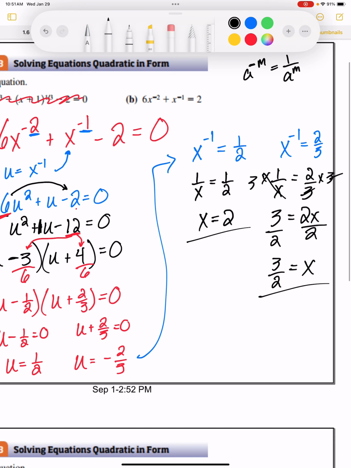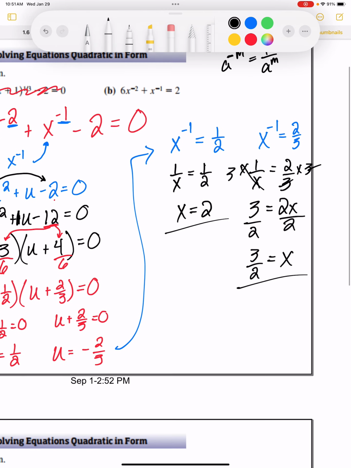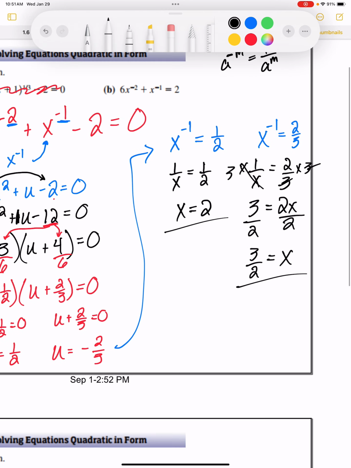You should check your answers. It's probably pretty good practice to check your answers, especially when you get these ones with negative exponents, where x can't be 0. So I know my x is not equal to 0, because what this really is saying over here is 6 over x squared plus 1 over x equals 2.